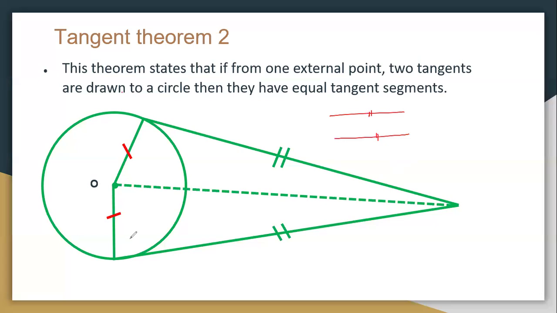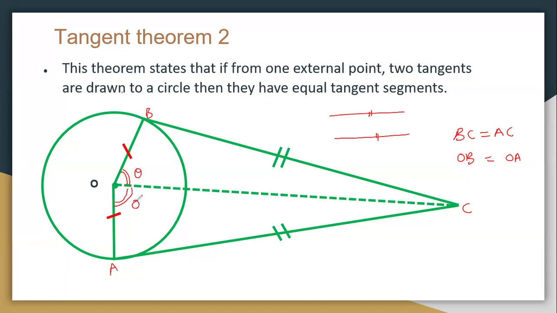I'll call this A, this was B, and this was C, and we had said that our BC is equal to AC, but also OB is equal to OA. Another thing I want to bring to your attention is the angles we have at this point. If this angle is theta, it will be equal to the angle you have here.